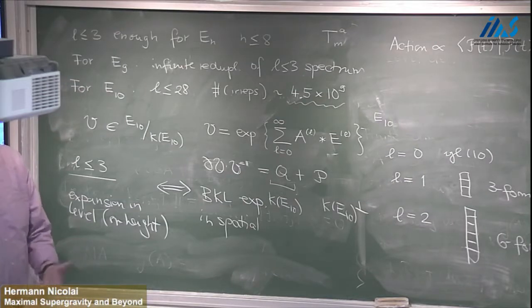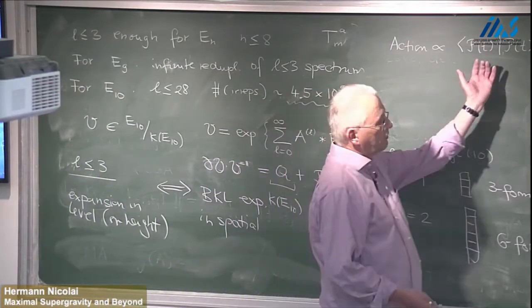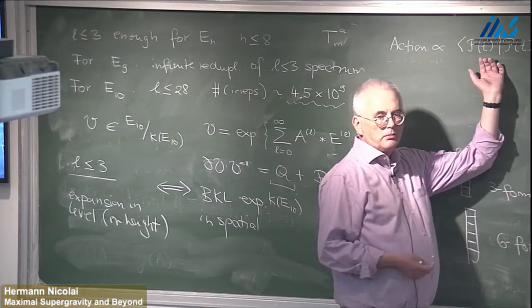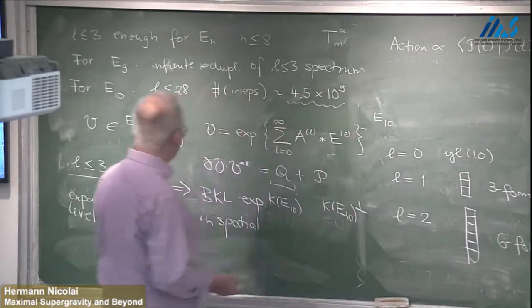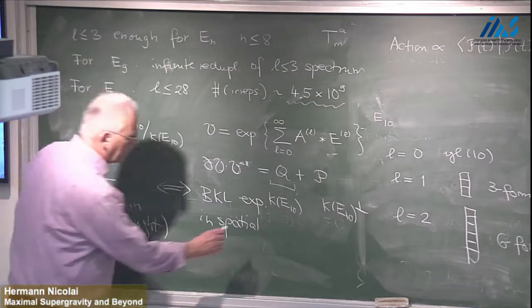From the Lie algebra theory, there's only one thing you can write down, and it's this action. And from this action, you get just the usual sigma model equations using this decomposition. And then we have to truncate.